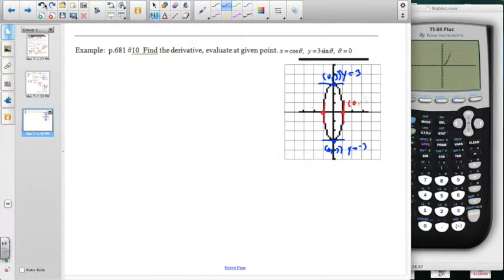Not 0, 1, but 1, 0, and minus 1, 0. So we're looking at these, if we had to write an equation for the vertical tangency, it would be x equals 1 and x equals minus 1. So with the ellipses, a lot of times you can just do those by inspection. So we want to really evaluate the derivative here at this given point of theta of 0.